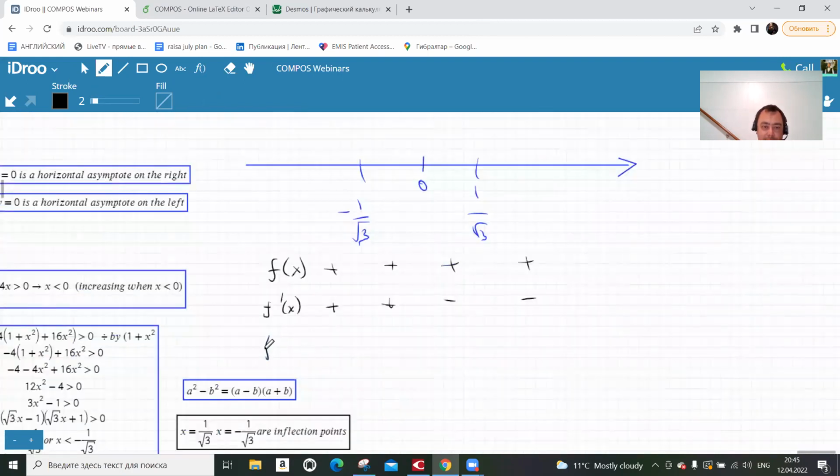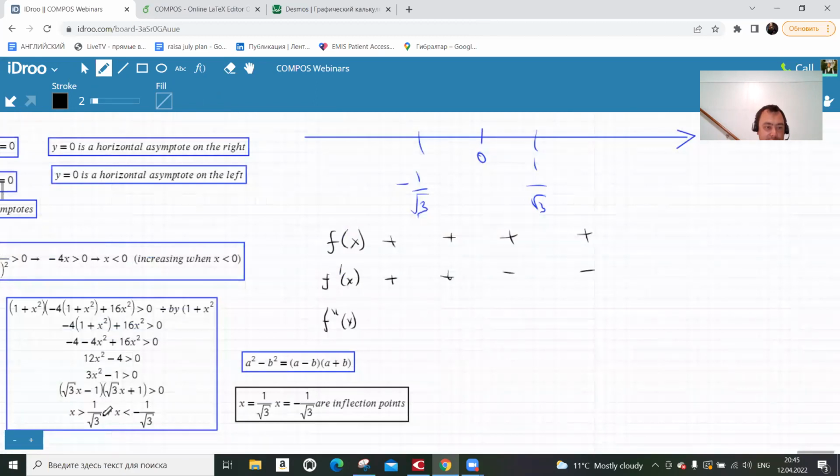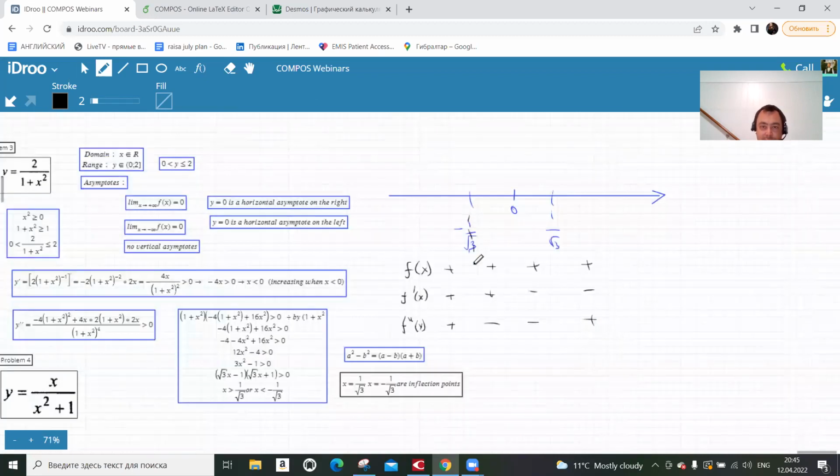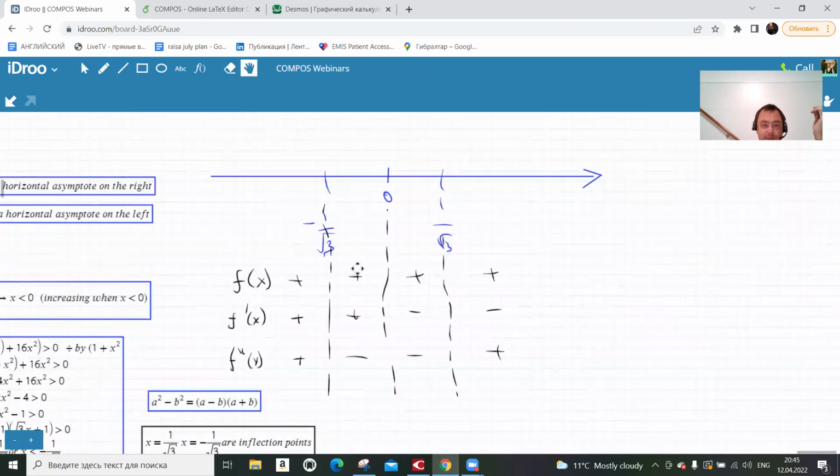And then the second derivative is positive, negative, negative, positive. Basically what we do is we split the domain into intervals, and we see what happens to the function, the derivative and the second derivative on each of these intervals.